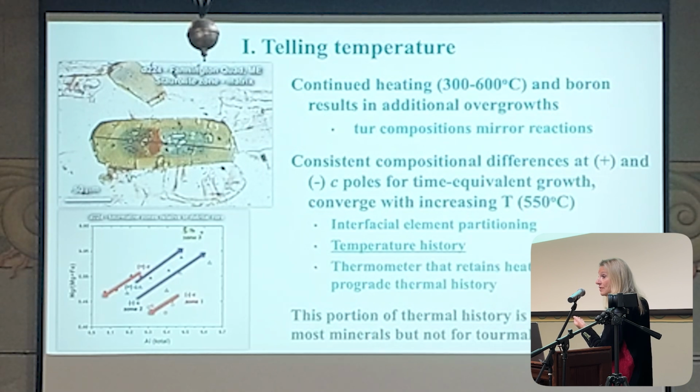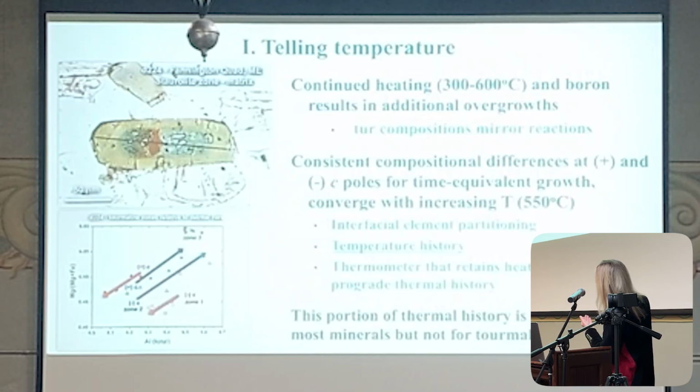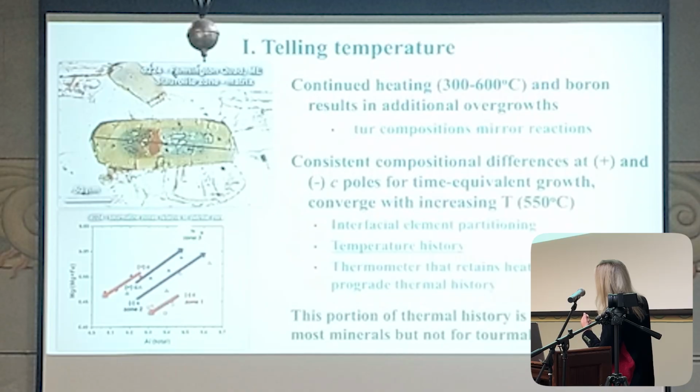If you go to the next zone, the blue zone, it now changes direction. It becomes more magnesium rich, but you can see the difference between plus and minus C is less. And then if we get to the very outer rim, there's no compositional change between plus and minus C.